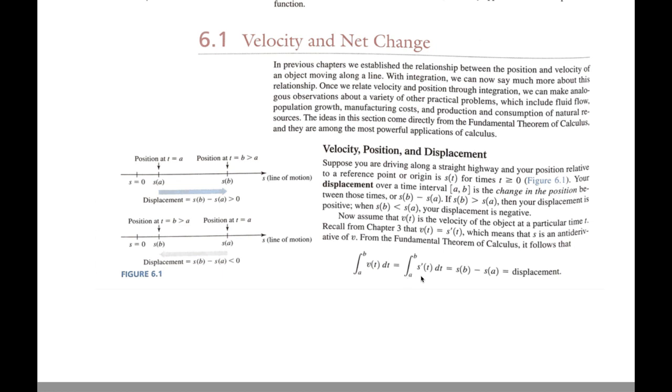But then s of t is an antiderivative, so by the fundamental theorem, the value of the integral must be the displacement. We can compute the displacement even if we only know the velocity function and not the position function s of t itself.